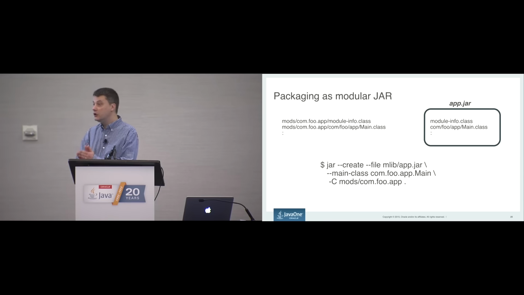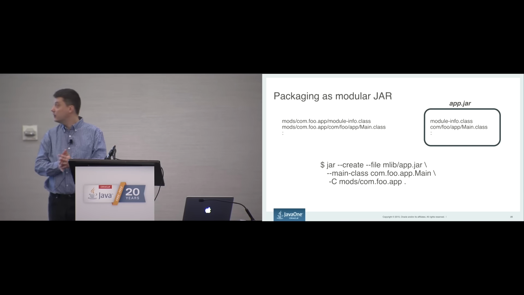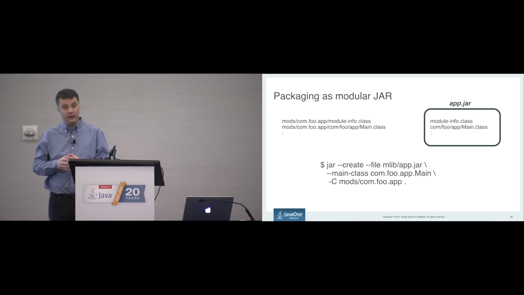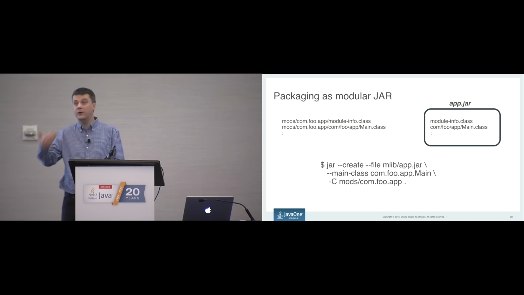Jar files. We're all familiar with jar files, I hope. We can package up a module as a jar file. We call it a modular jar. A modular jar is just like a regular library, except it has a module-info.class in there. That is the compiled form of the module-info.java.